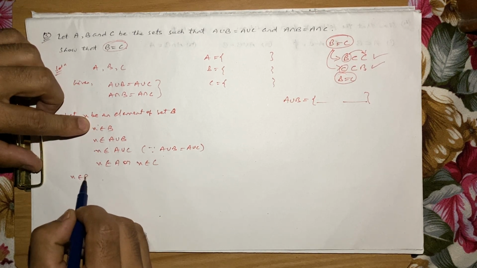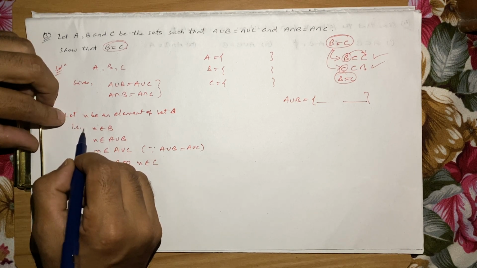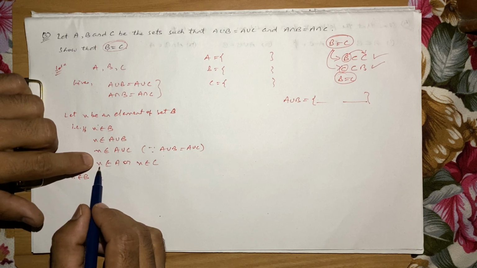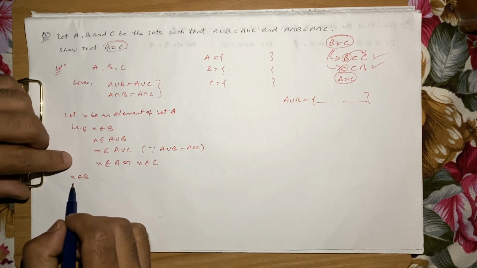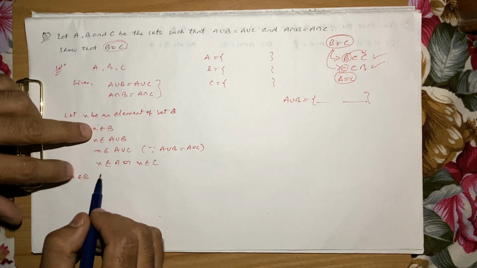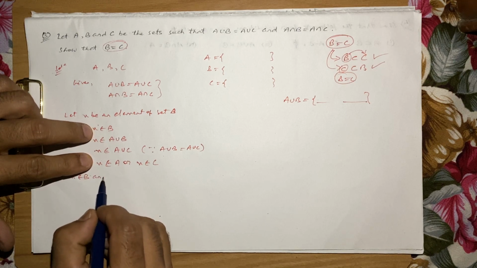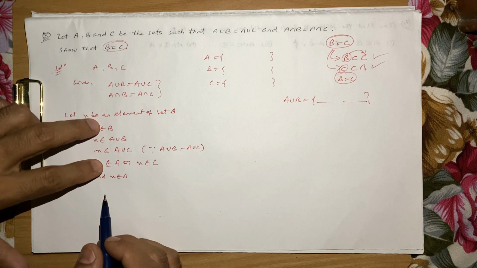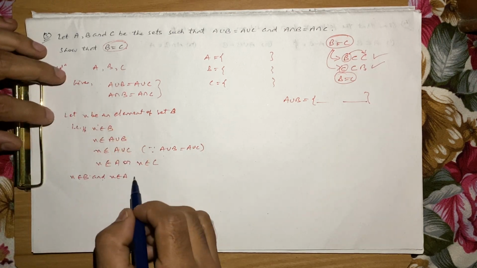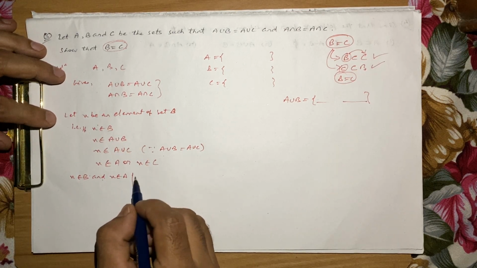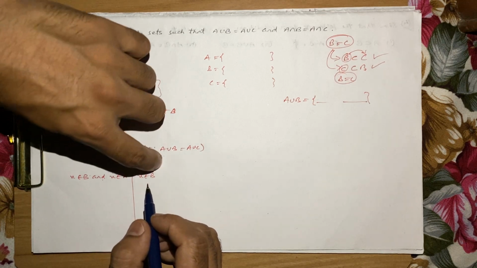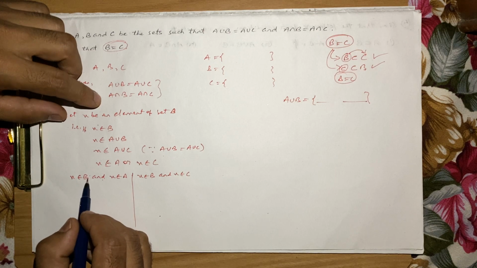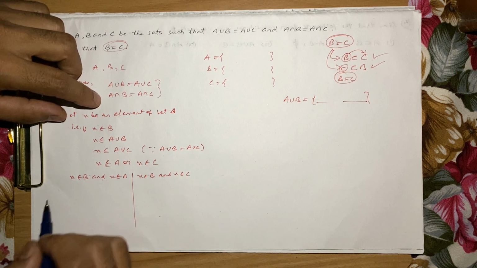X belongs to B. If X belongs to B, then I got to know that X belongs to A or X belongs to C. So what can I say? If X belongs to B and X belongs to A, this is the first condition. Because there is an OR, I'll combine this and this first, then I'll combine this and this. And there is another condition: if X belongs to B and X belongs to C. Now if X belongs to B and X belongs to A, what can I say?